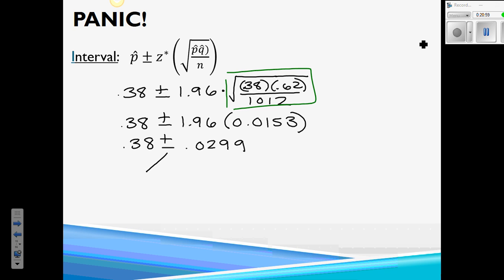Then over here I'm going to have the negative version, and over here the positive version. So I'm going to do 0.38 minus 0.0299, and that gives me 0.3501 on the low bound. 0.38 plus 0.0299 gives you a high bound of 0.4099.